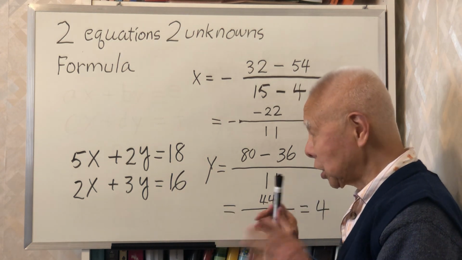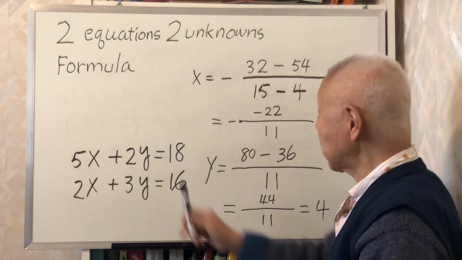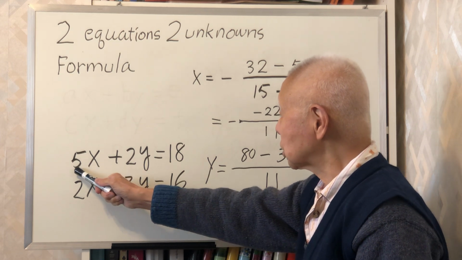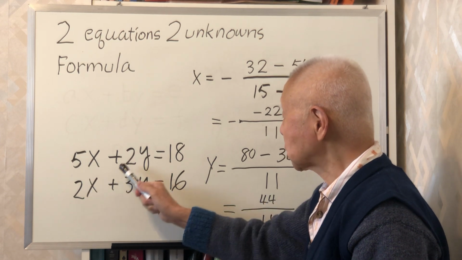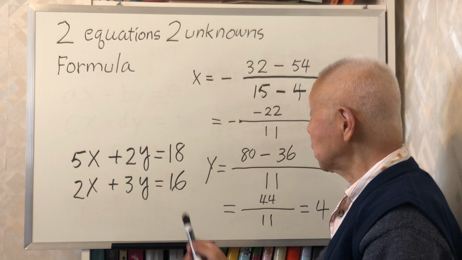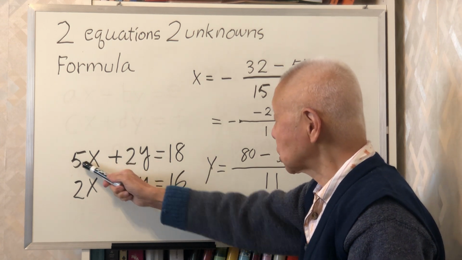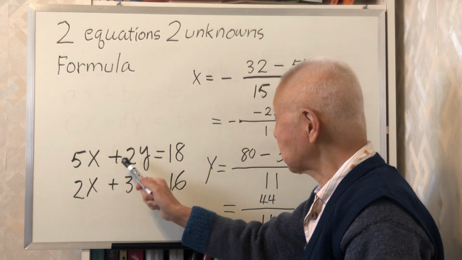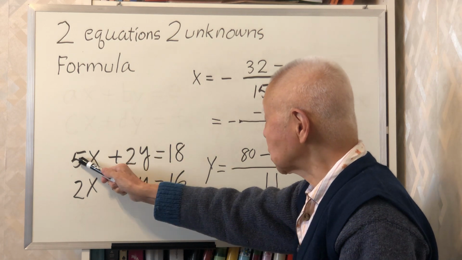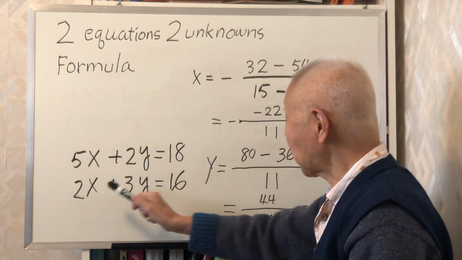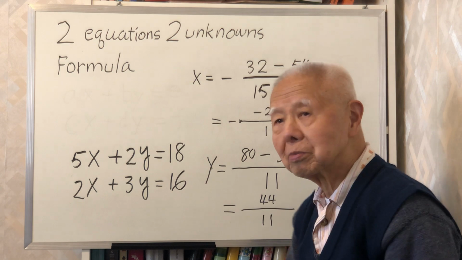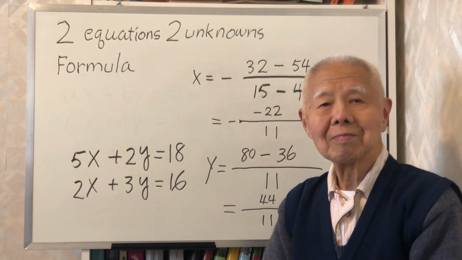That's x with a negative. So what is y? The numerator is this times that minus this times that. The denominator is this times this minus this times that. Okay?